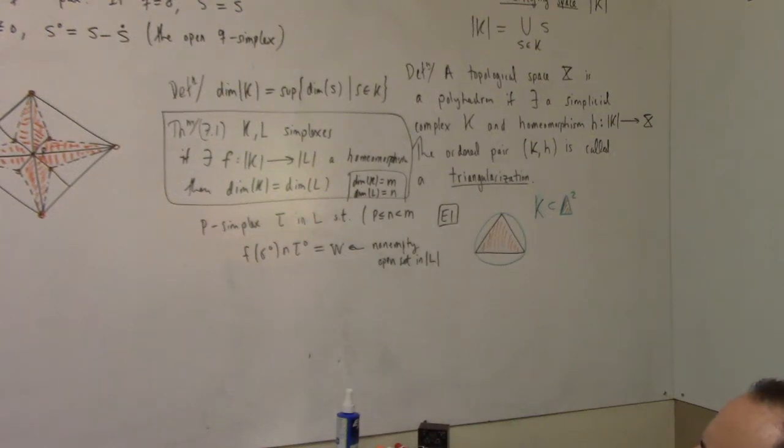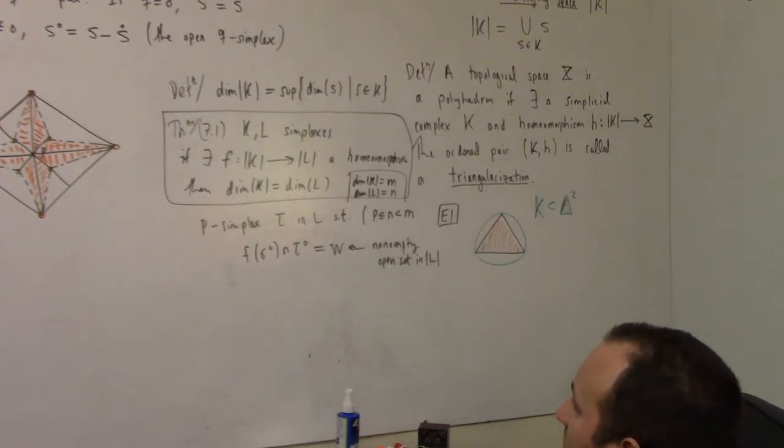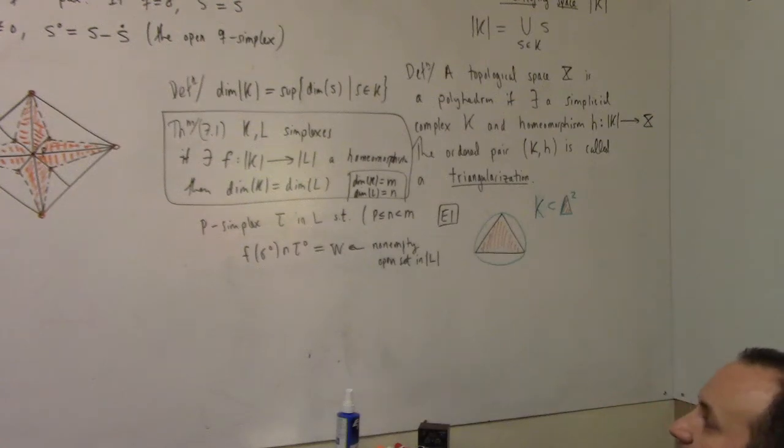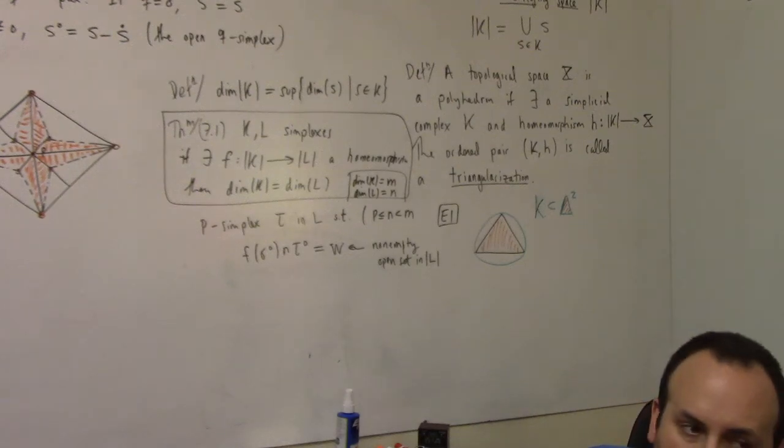Oh, okay, so I guess the f of sigma naught, right? It's got to hit something in L, I guess. I mean, it's a function. It's the image of a set under a function. It has to hit some points, and it might not land squarely in a simplex, but it's got to hit one of them, right?